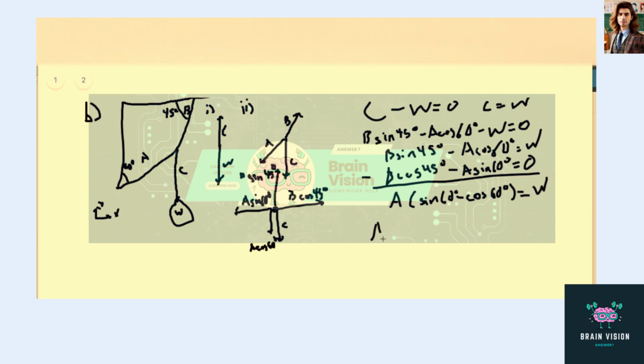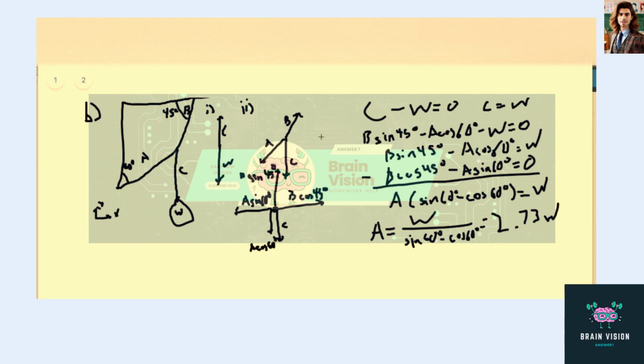So isolating A here, we get that it is equal to this expression. And when plugging in the proper values for the sine and cosine of 60 degrees, I find that A is equal to 2.73 W.